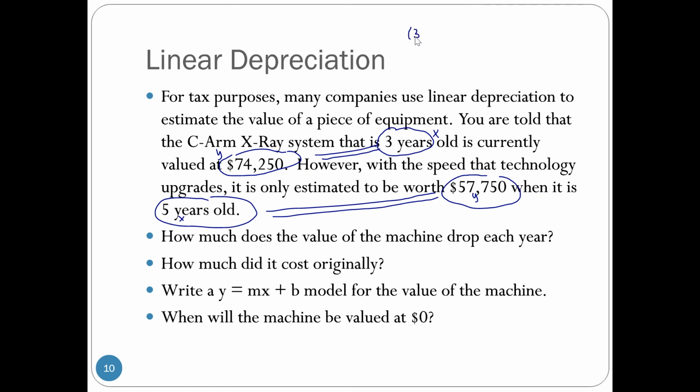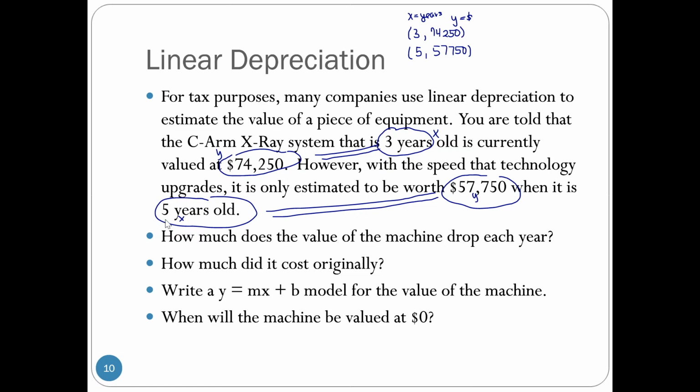My first one is (3, 74,250), and my second one is (5, 57,750). And my X is years, and my Y is money.